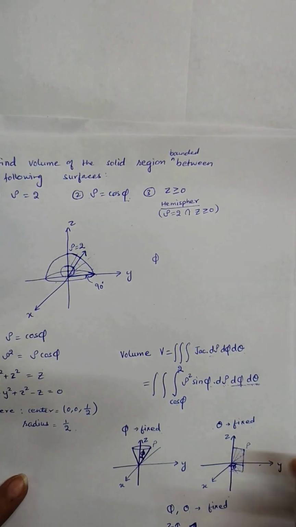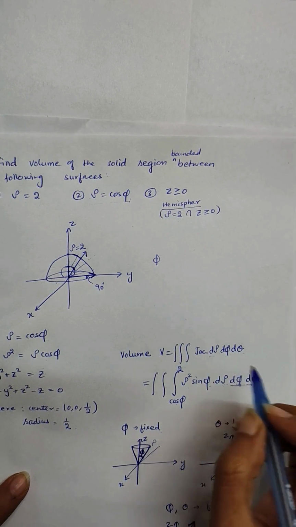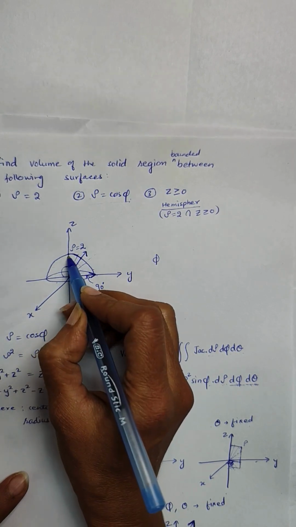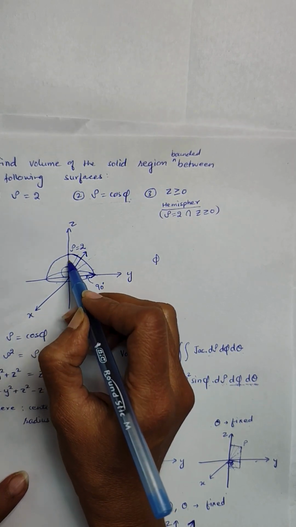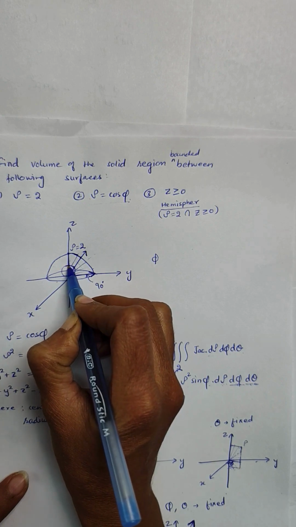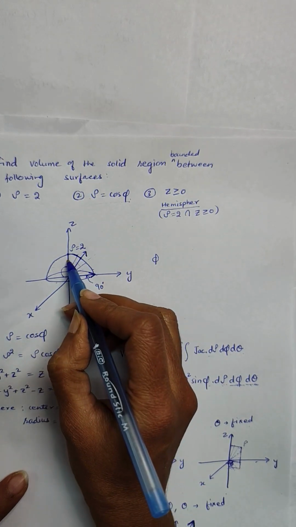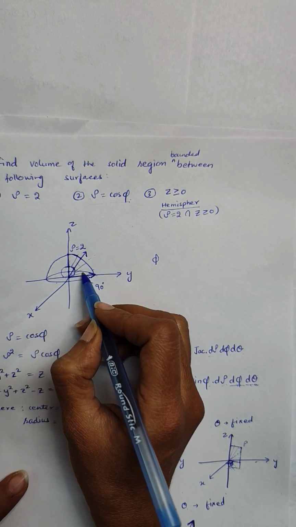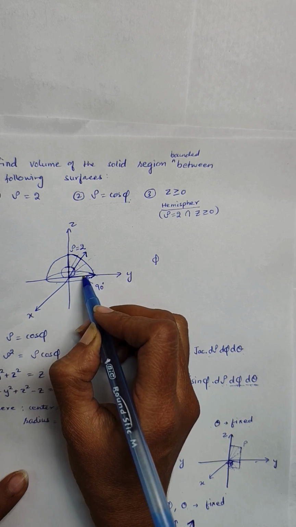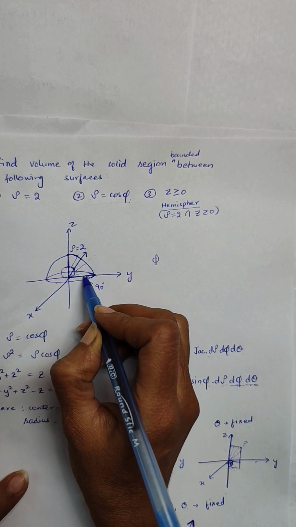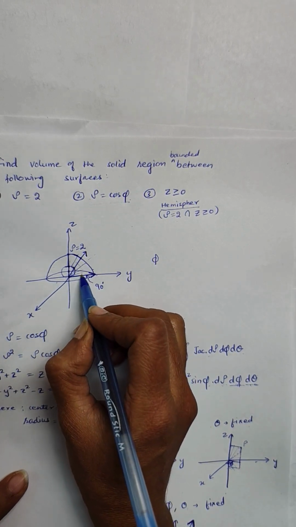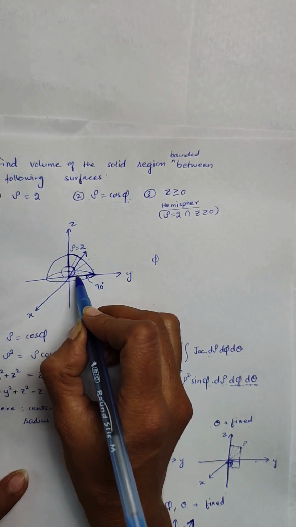Okay, so to find the limit of integration with respect to phi, we pick this ray and drag it to the z-axis. Now this ray aligns with this axis where the value of phi is 0. As we move it on this plane where theta is fixed, we will cover this patch, this area inside the bounded region, until we hit this line segment.